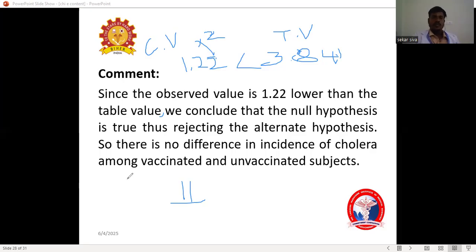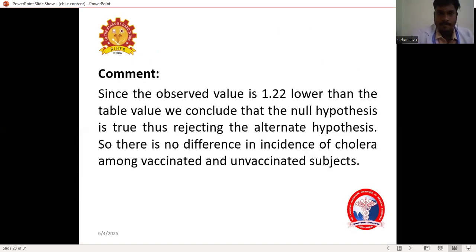So we are accepting that null hypothesis, which means vaccination and cholera are independent. There is no association between vaccination and cholera. I hope you all understand the concept behind the chi-square test.